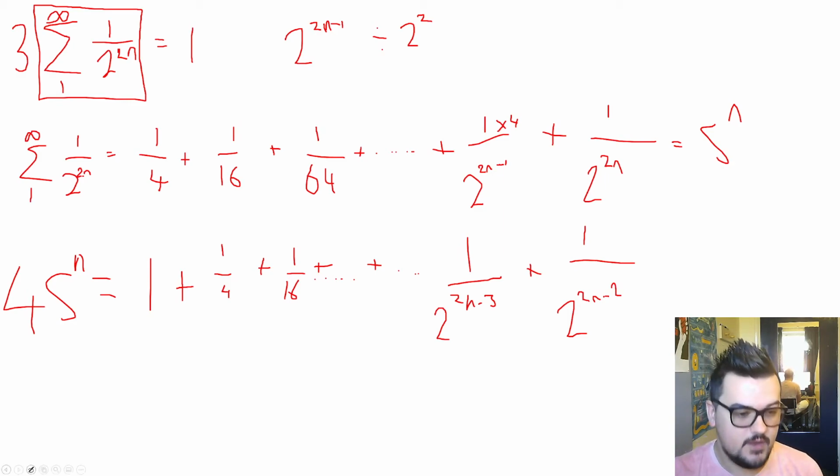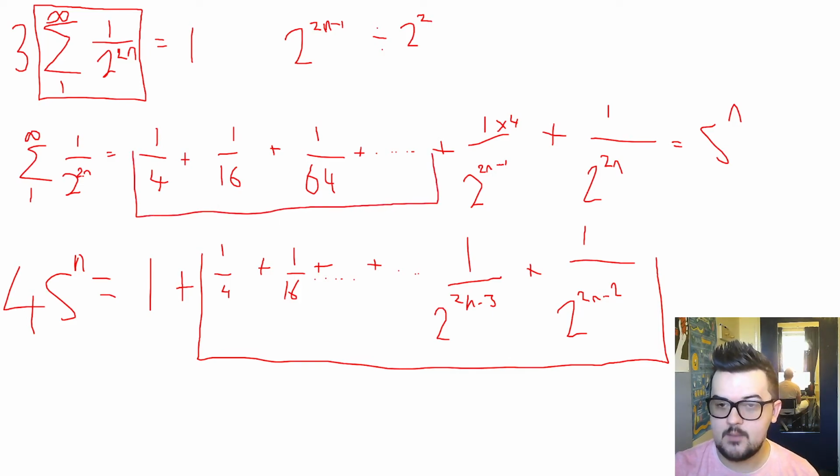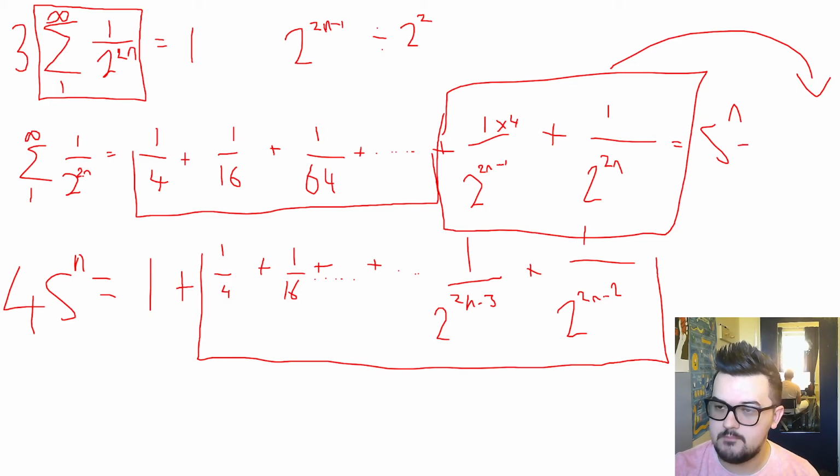So if we evaluate this, we have a part of this new sum which is identical to our old sum, so we have this here. Except we have these two terms at the end which aren't included. So if we subtract these from both sides, we now have just this term here, which is what we're looking for.